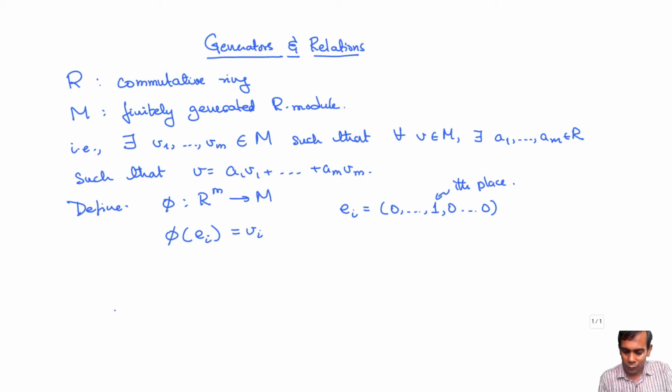Then phi of Ei is Vi, and so if you take phi of A1 A2 Am, it's going to be A1 V1 plus Am Vm, just because phi is an R module homomorphism. And so what we conclude is that phi is surjective.